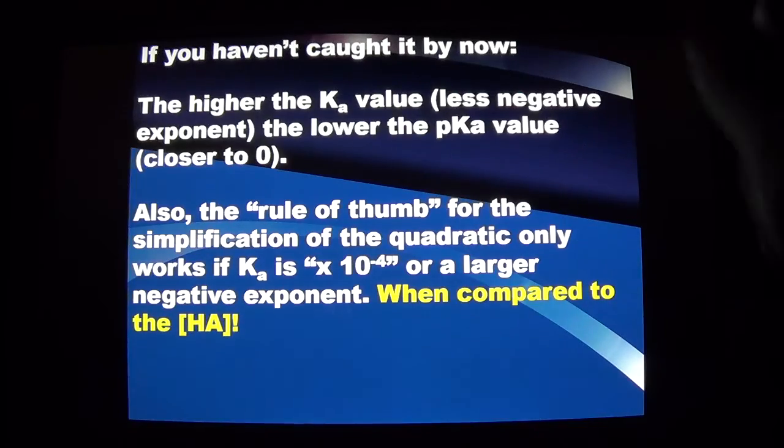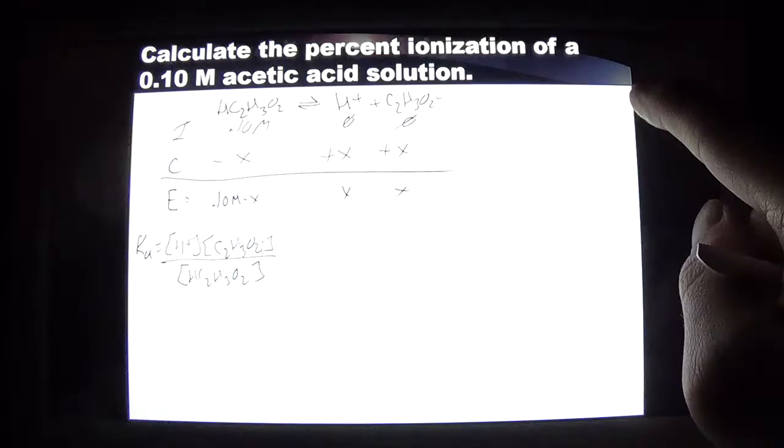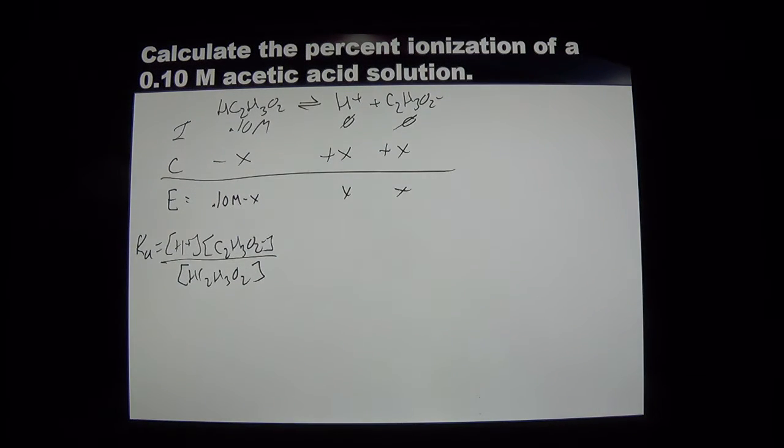The back of the book and even Wikipedia, or even honestly just straight out Google, if you were to Google what is the Ka of acetic acid, I'm sure you'd get the right answer. Kas are a very common thing in chemistry. You're going to get lots of hits on charts of Ka values. So you look it up is what I'm trying to get at. If you don't know a Ka, you're supposed to look it up.